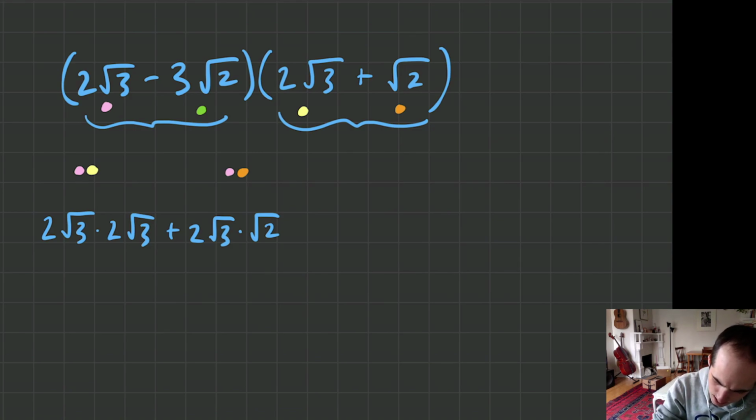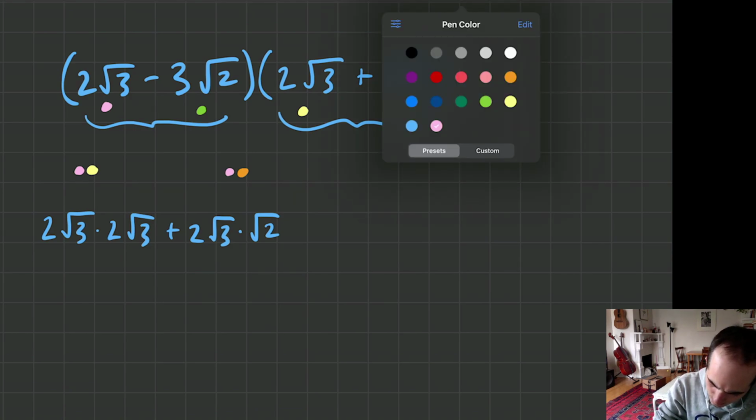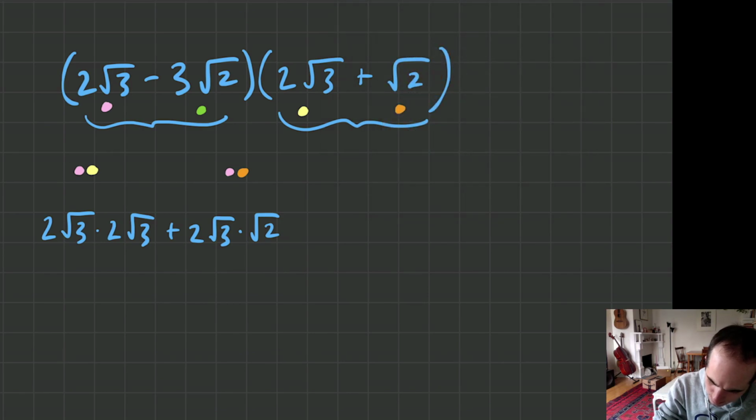Now I'm going to have green, because I'm going to multiply all of these by something green. Okay, so now I've got green times yellow. I only have 3 colors at once that I can choose from, which is kind of annoying, but that's how it goes. And don't forget, there's a minus sign here. This is a subtraction that we have to worry about.